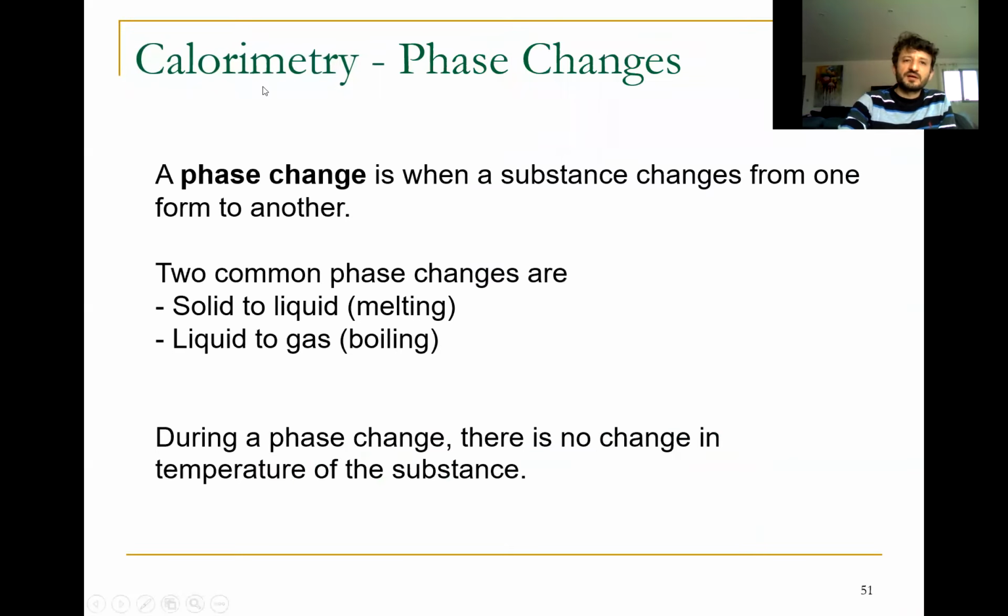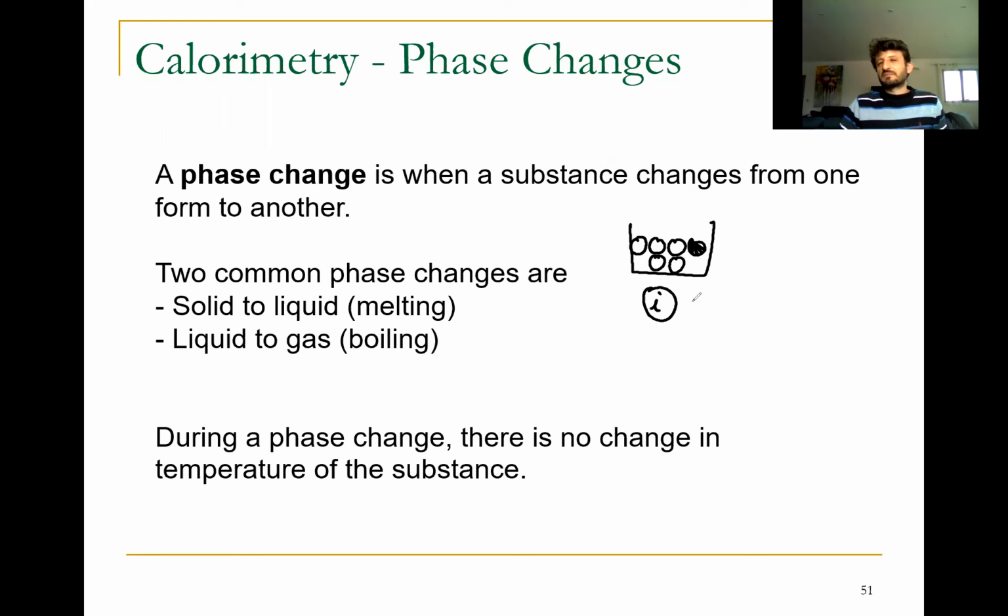What I mean by phase changes: a phase change is when a substance changes from one form to another. For example, here we have ice at the initial state.